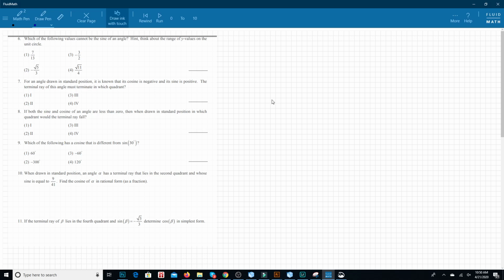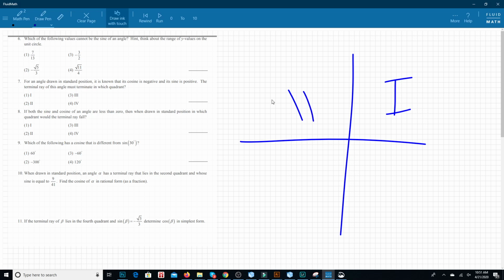It's got to be in quadrant what? Keep in mind, the quadrants in a unit circle run counterclockwise. This is quadrant 1, quadrant 2, quadrant 3, quadrant 4.